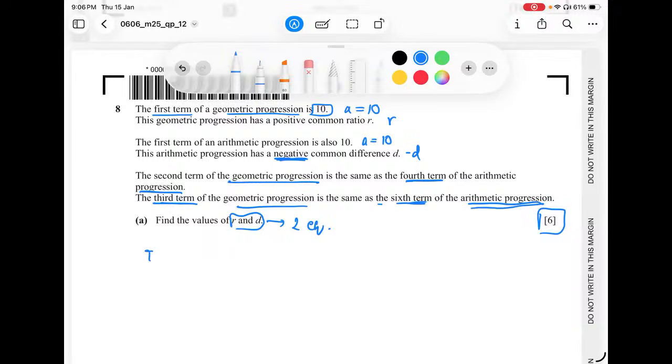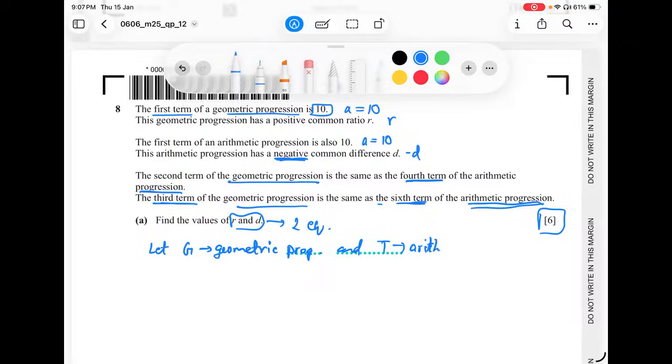Let G be the geometric progression, and for the arithmetic progression I'll use T itself because A is already used, so I don't want to confuse you.